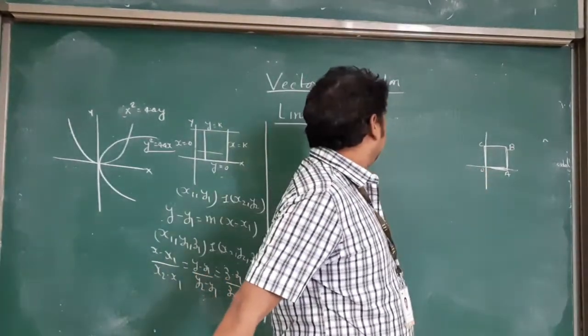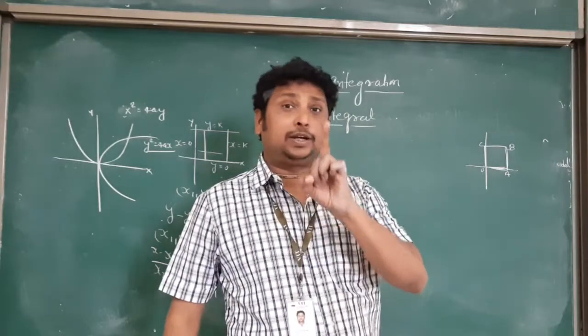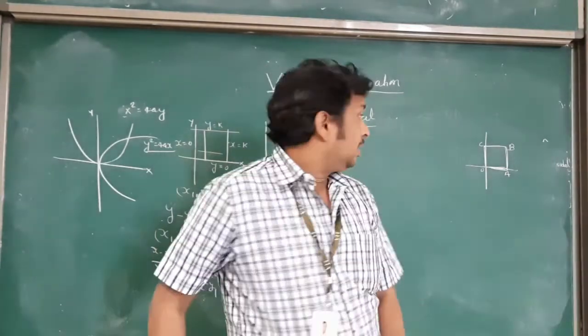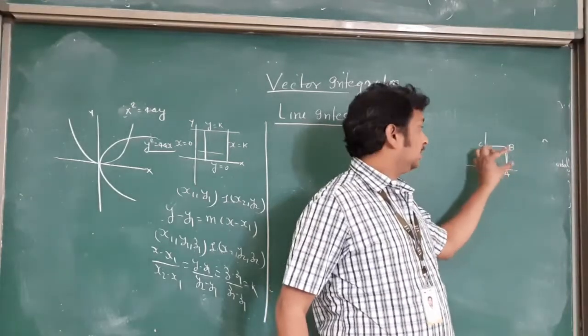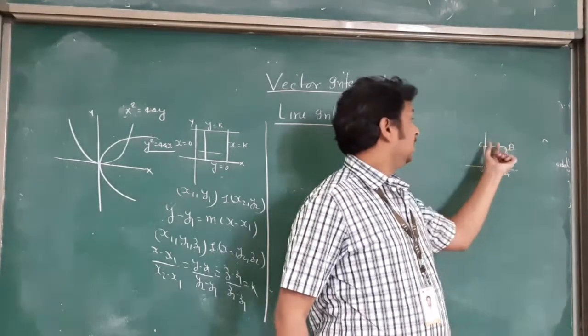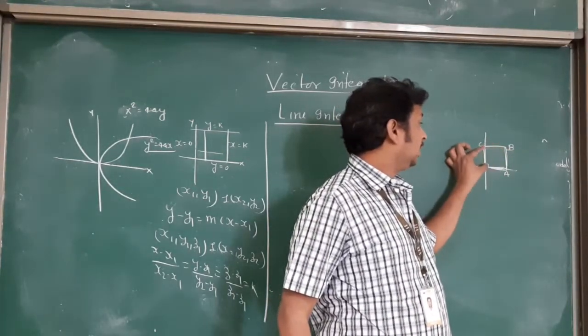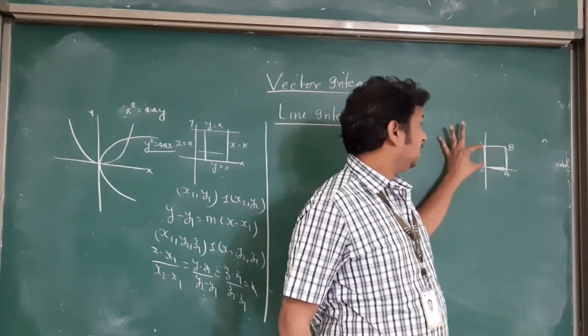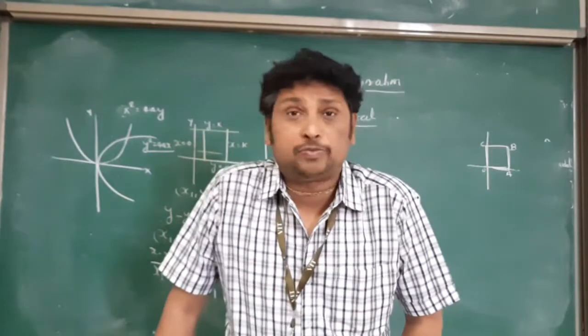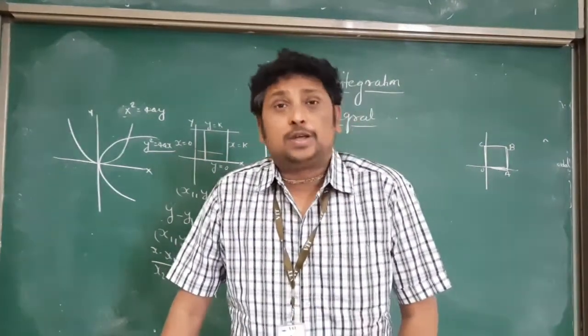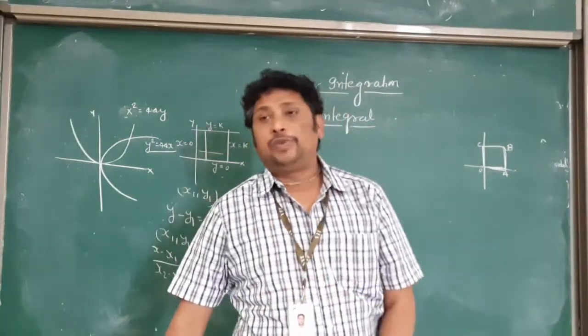Because line integral means we have to integrate along the line, and there are 4 different lines. This line is the x-axis. This is parallel to x. This is parallel to y. Parallel to x. And this is the y-axis. So we have 4 different lines, so we have to integrate 4 times. So in this way we will do.